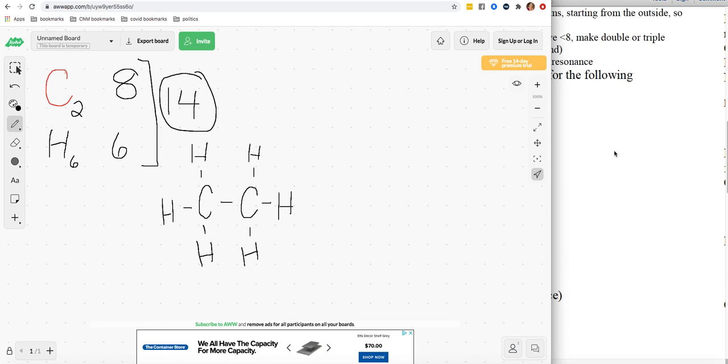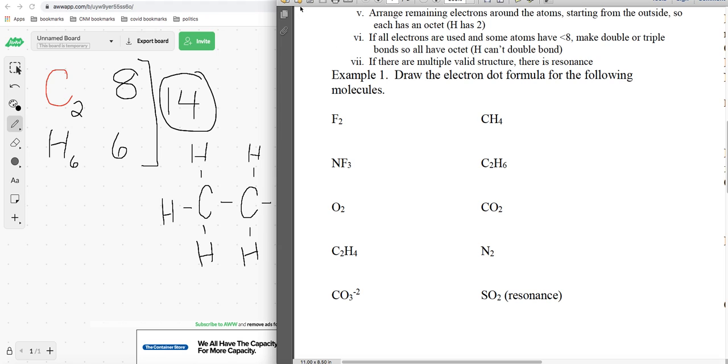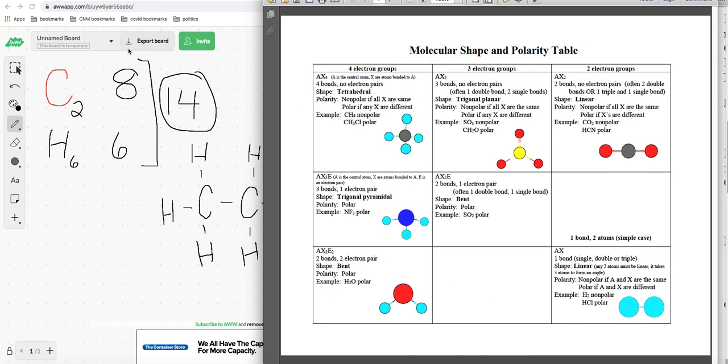This one is a little bit different for the shape because you have to have a central atom to call it a shape. So in this case, each central atom has 4 things attached to it, even though one of those things is this carbon, which itself has things attached to it. So basically this just ends up being AX4, which is tetrahedral.